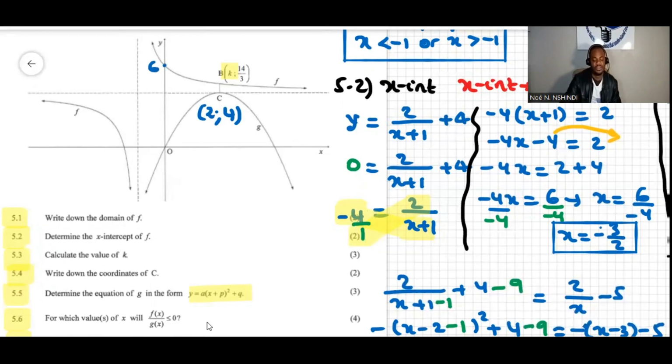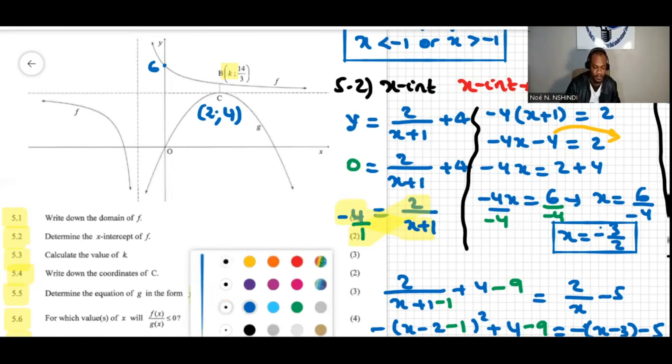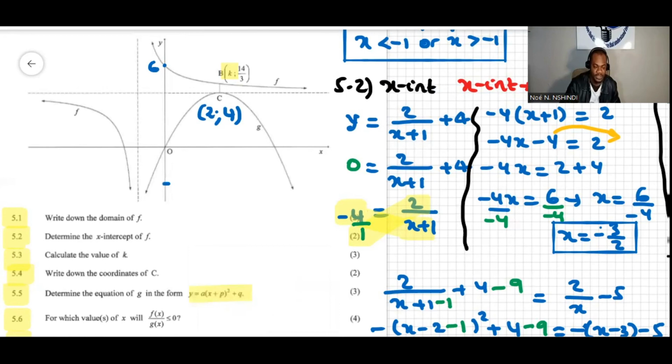If we shift this graph 9 units downwards, you count 9 units downwards. All this part we see here, including this point, will be somewhere there. So the intercept will be somewhere over here, and the hyperbola will be something like this.